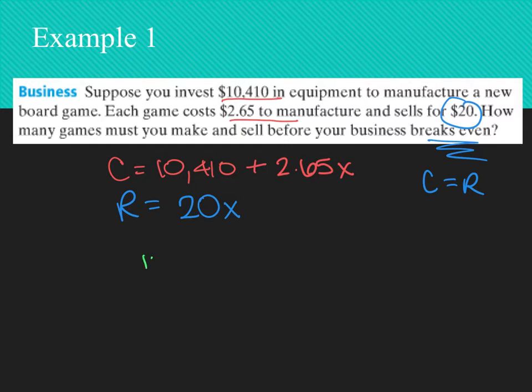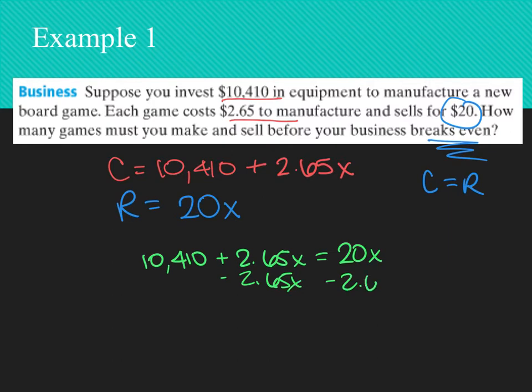So I have 10,410 plus 2.65x equals 20x, and I'm going to go ahead and get all my x's on one side. So I'm going to subtract the 2.65x from both sides, and this gives me 10,410.